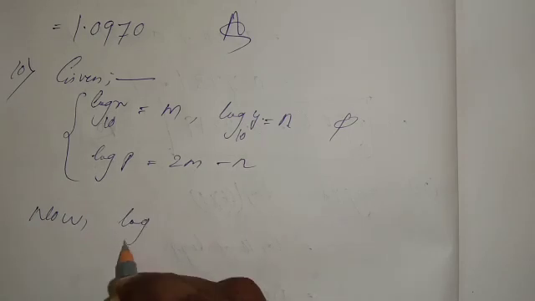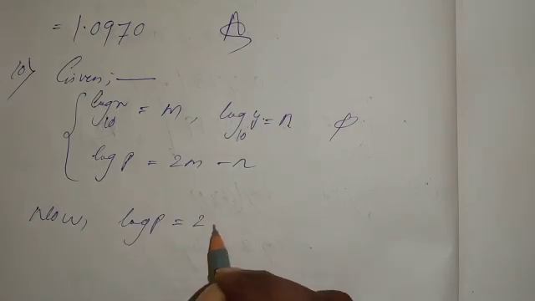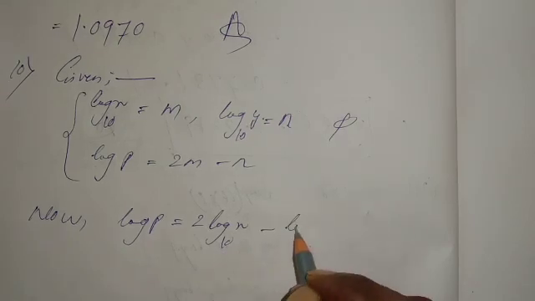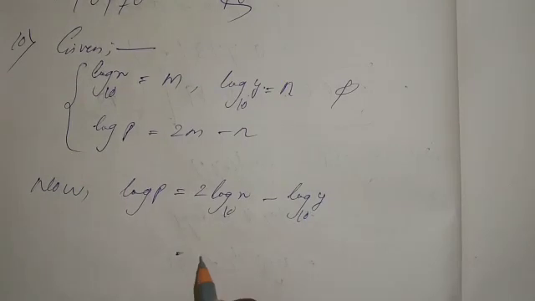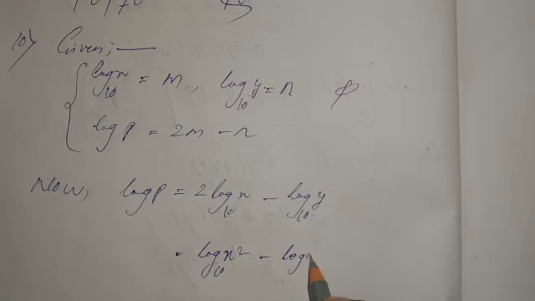First write log p is equal to 2m. m means log x base 10, minus n, which is log y base 10. This will be log x squared base 10 minus log y. This will be log x squared by y base 10, equal to log p.